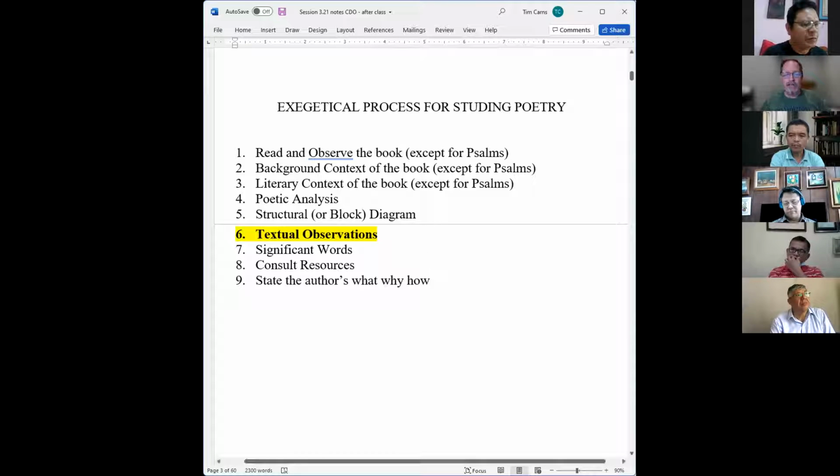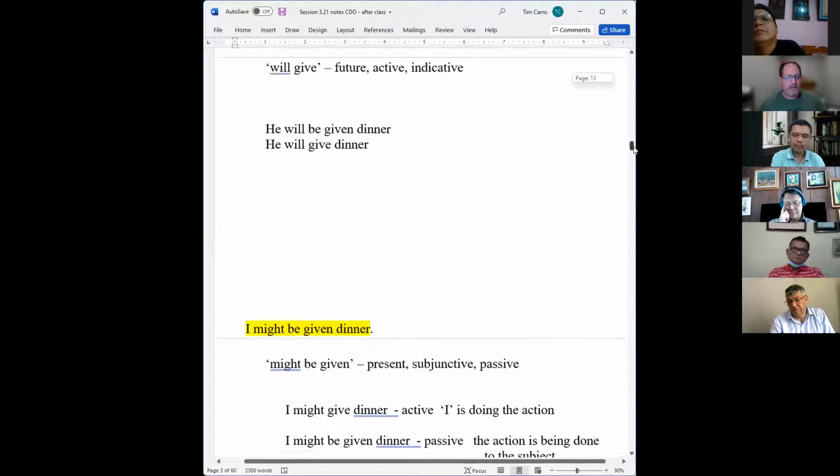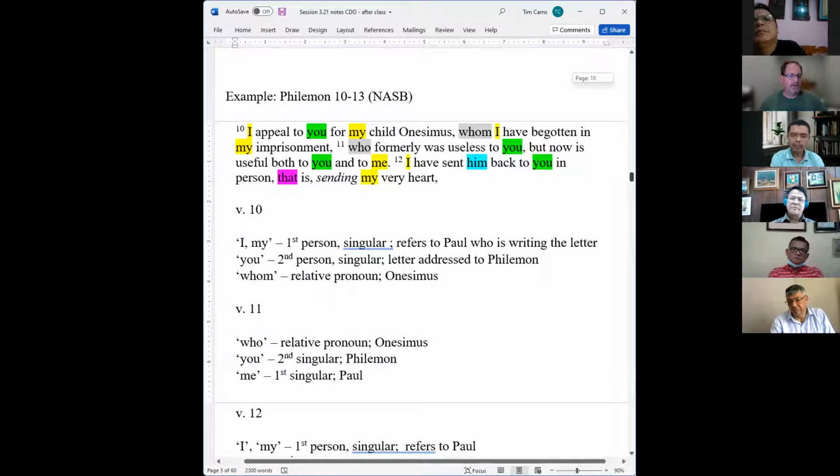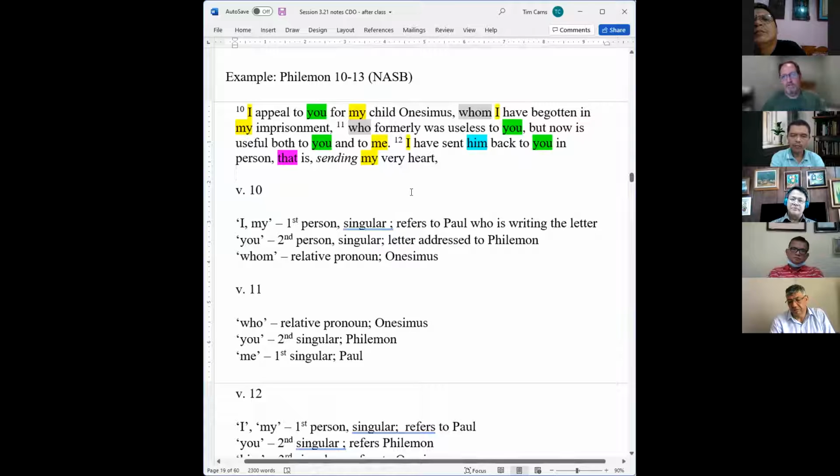When you're studying Philemon, for example, it's not obvious who the you refers to. If we were to go back and read the whole letter, let me just show you this.